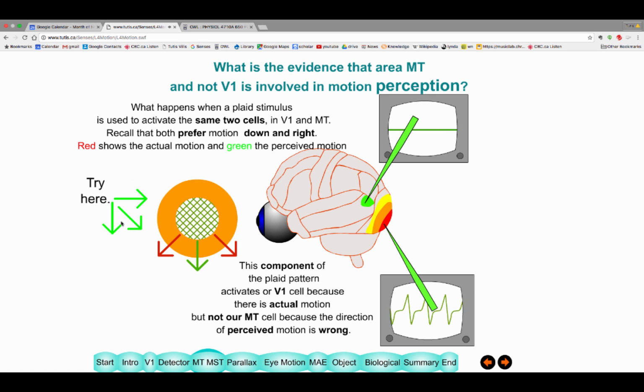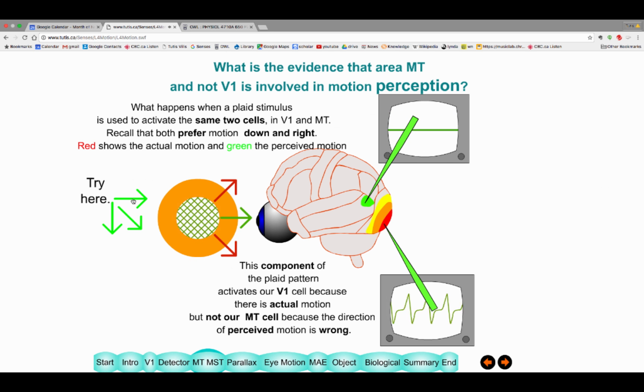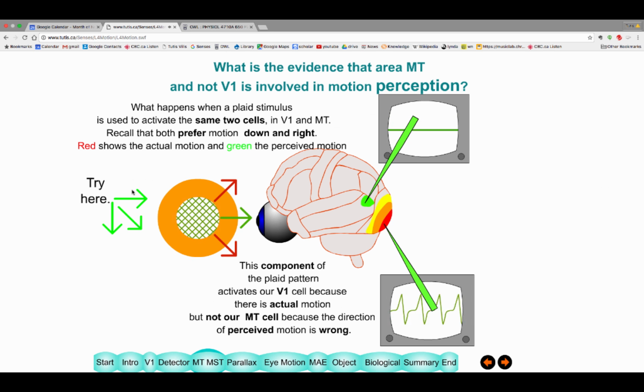We can make it move down, we can move it in this direction, or this direction. Now the flat pattern appears to be moving to the right. And again, the empty cell is not firing, but the V1 cell is firing, because there is still a set of lines moving in that direction.